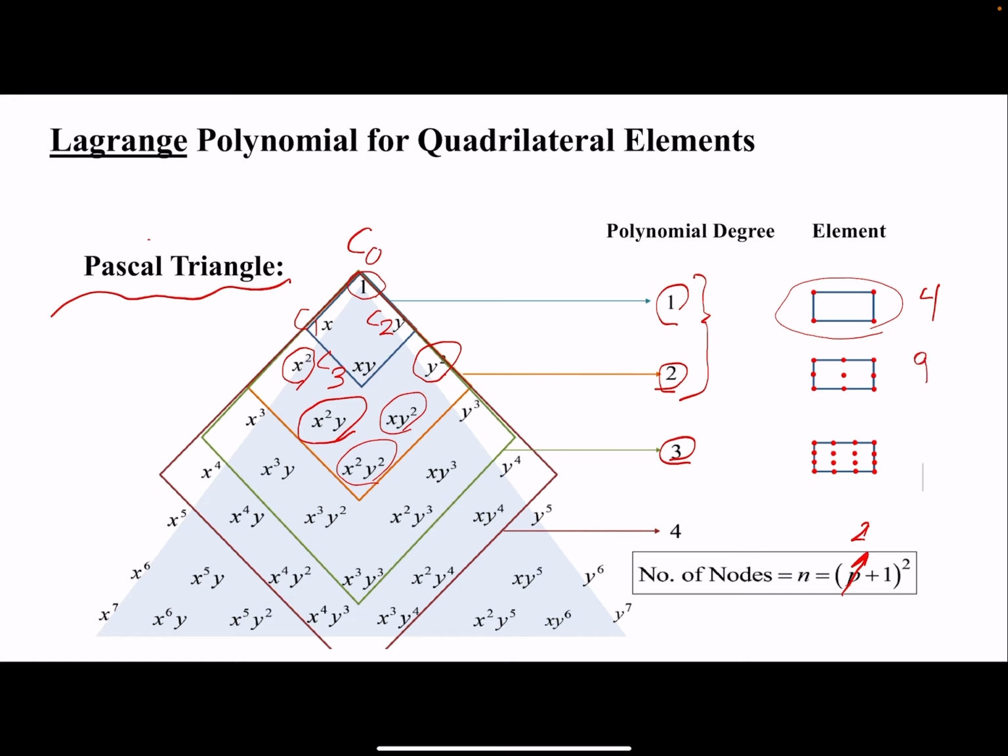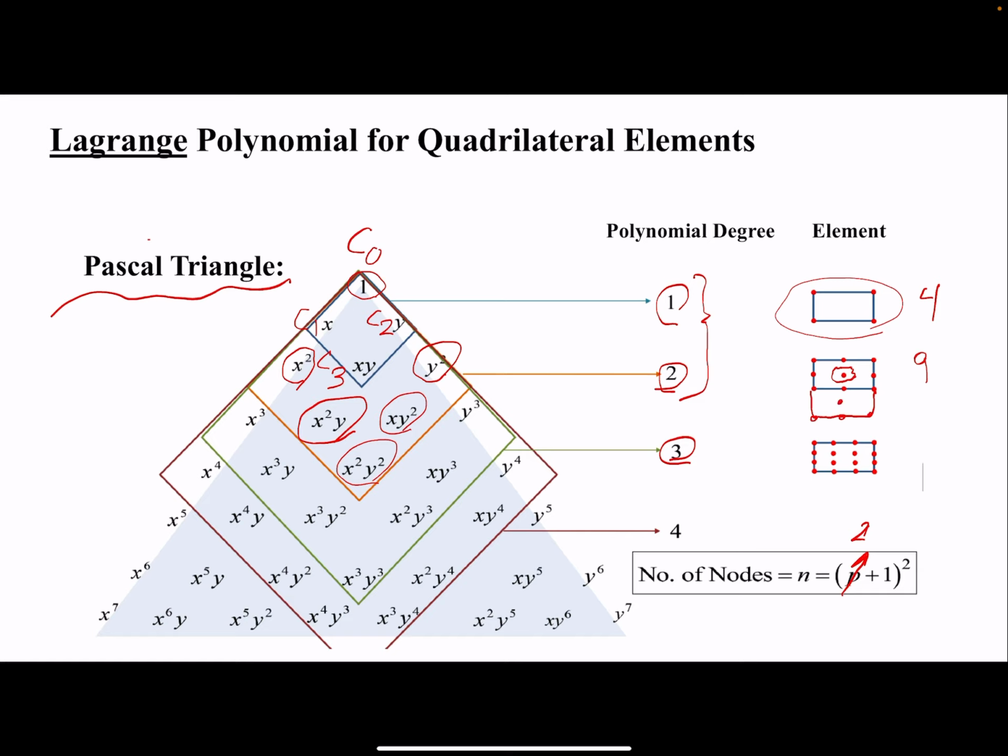So if you look at this image, you can see that we have interior nodes as well. Interior nodes are kind of special in a sense that they are not shared with other elements. If we have another element here, they do not share that interior node.